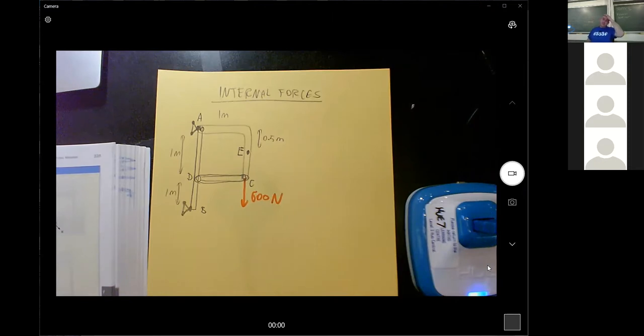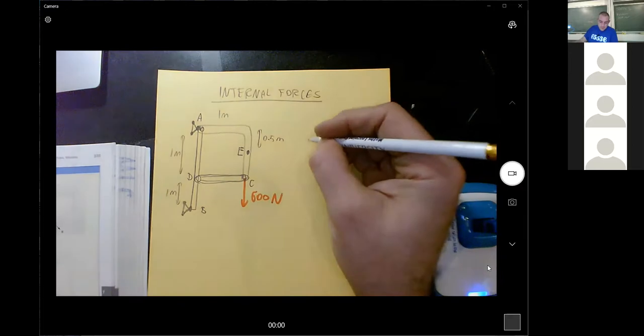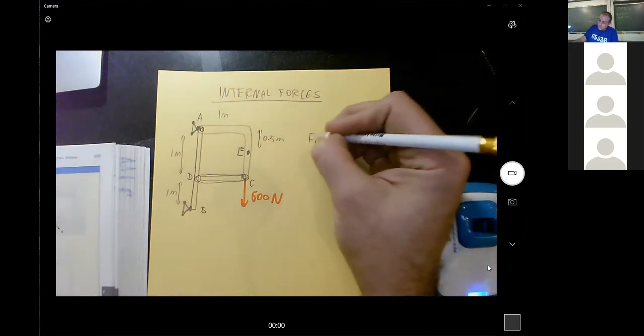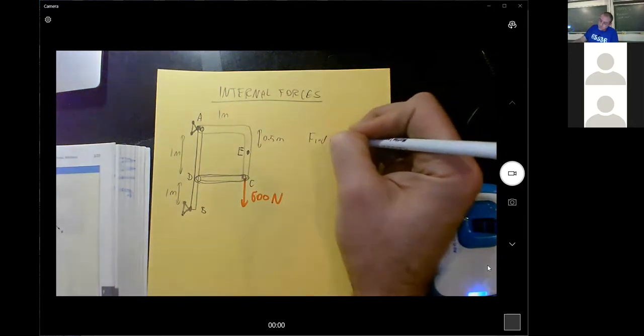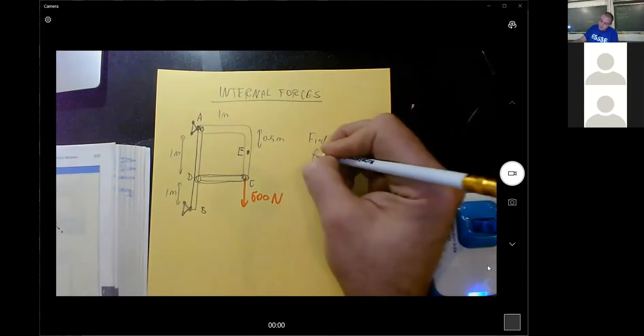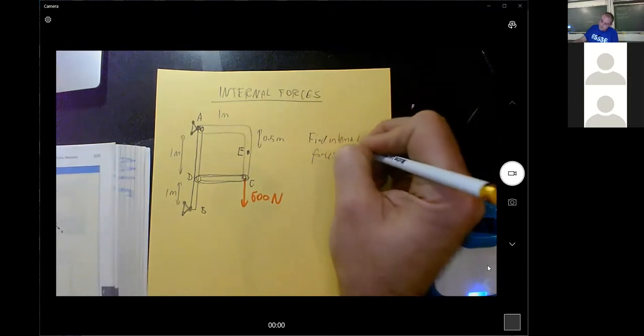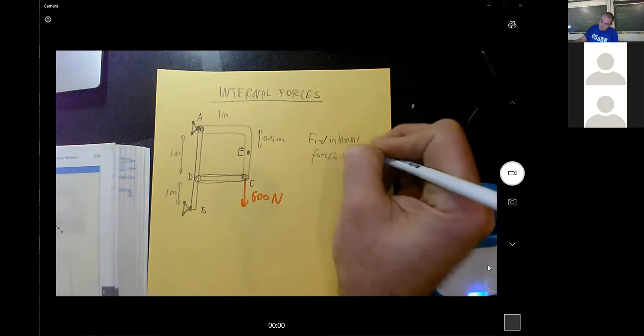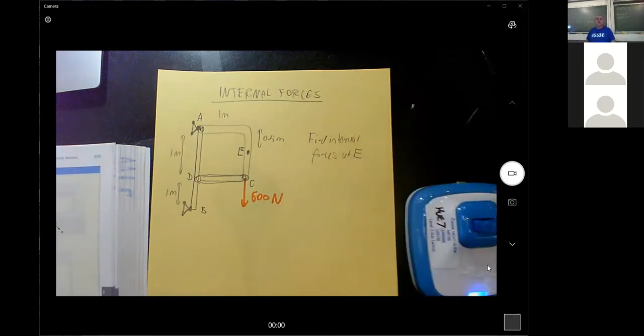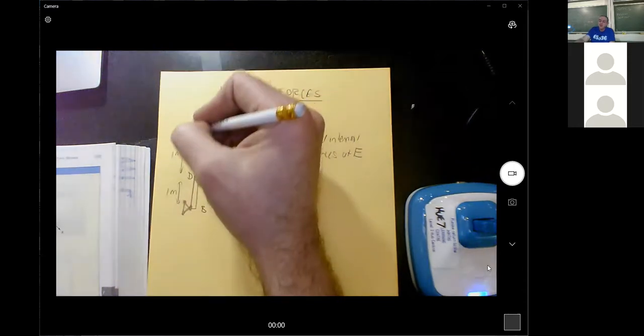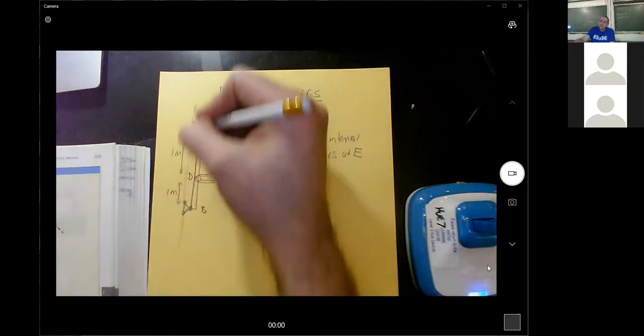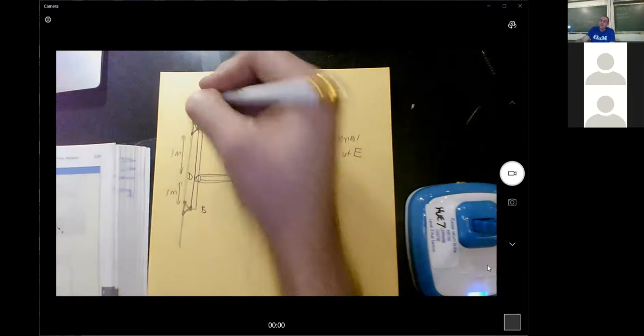Okay. Find the internal forces at point E. It's not attached to the wall. There's a wall here.